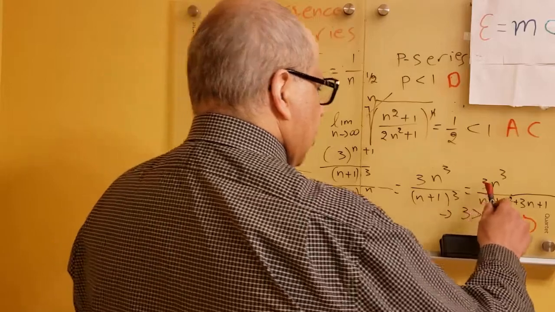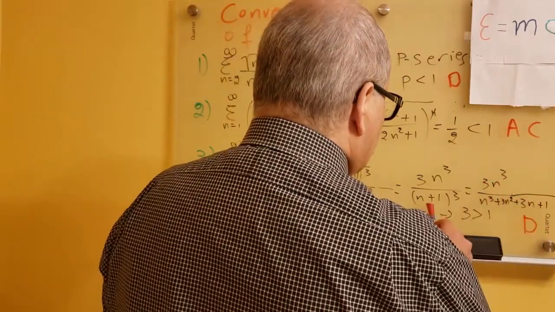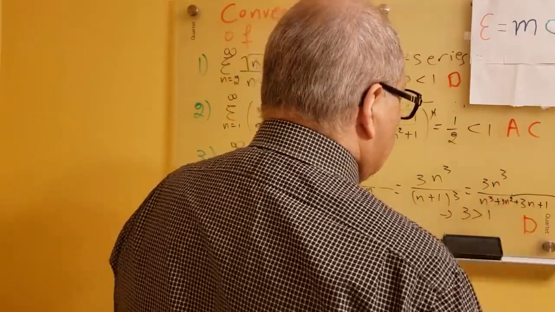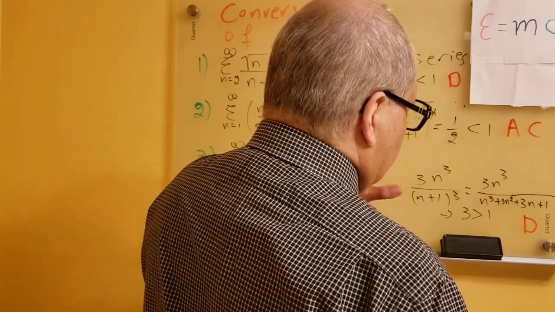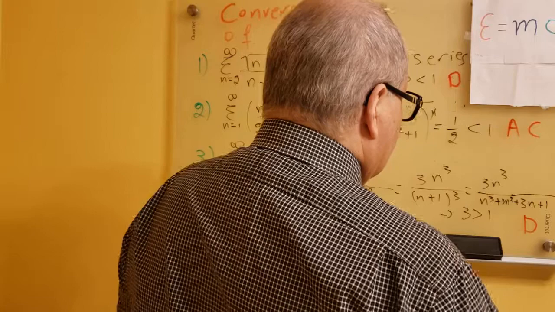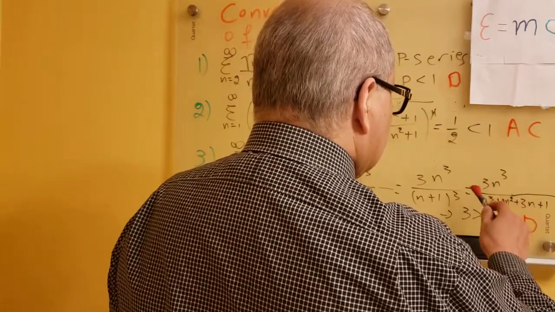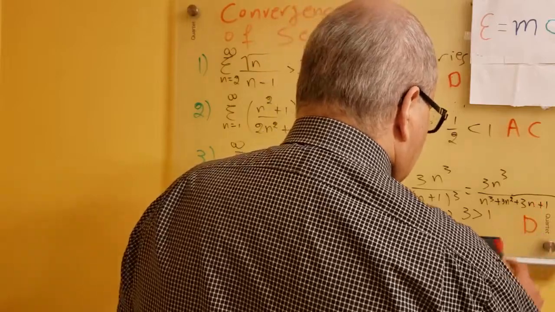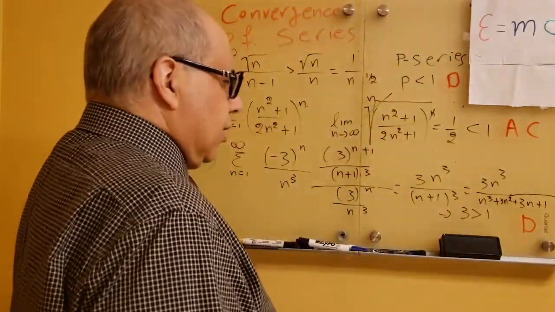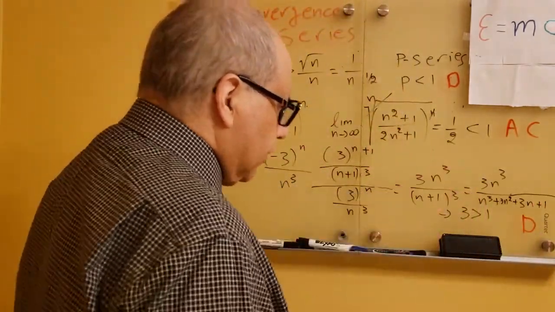That is equal to 3n to the third over n to the third plus 3n squared plus 3n plus 1, and the limit of this, as n goes to infinity, is 3, which is greater than 1. So that means that this series diverges.